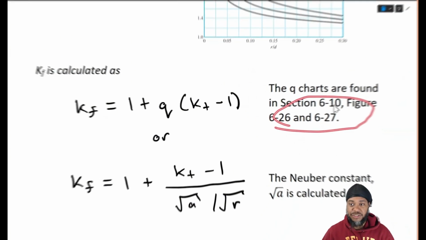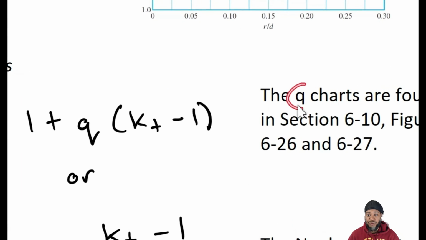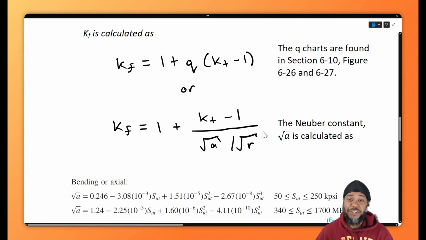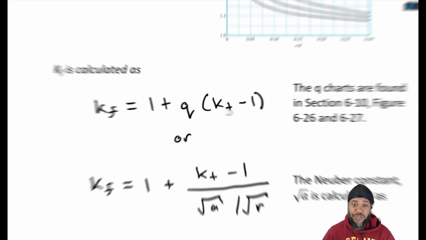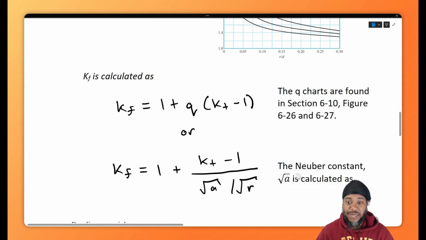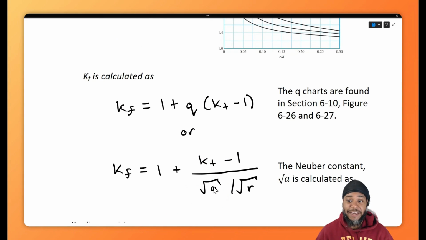In section 6.10, there are two figures that have those q charts. Alternatively, if we want to be very specific and have a repeatable answer, instead of using the notch sensitivity factor q, we can use Neuber's constant, the characteristic length, the square root of a.